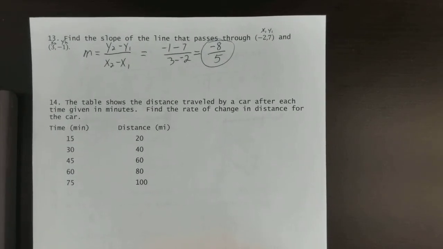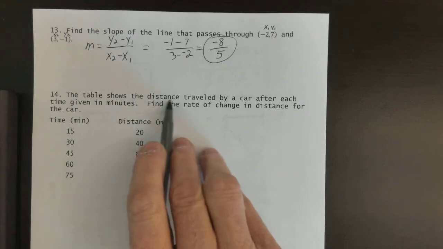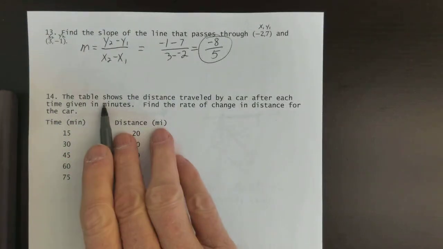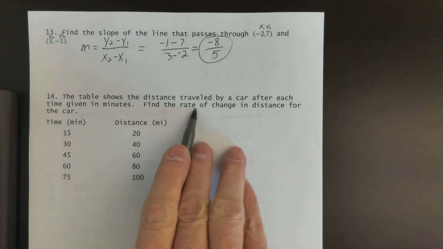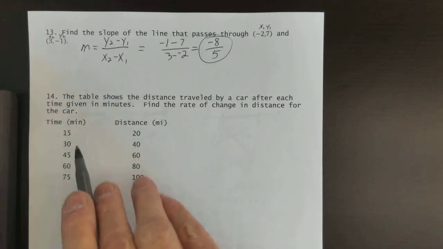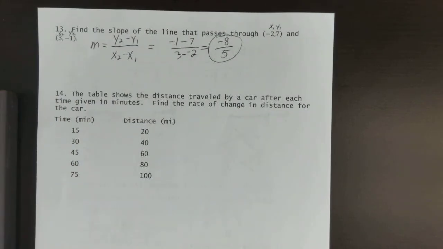Okay. Number 14. The table shows the distance traveled by a car after each time, given in minutes. Find the rate of change in distance for the car. So in 15 minutes they drove 20 miles.